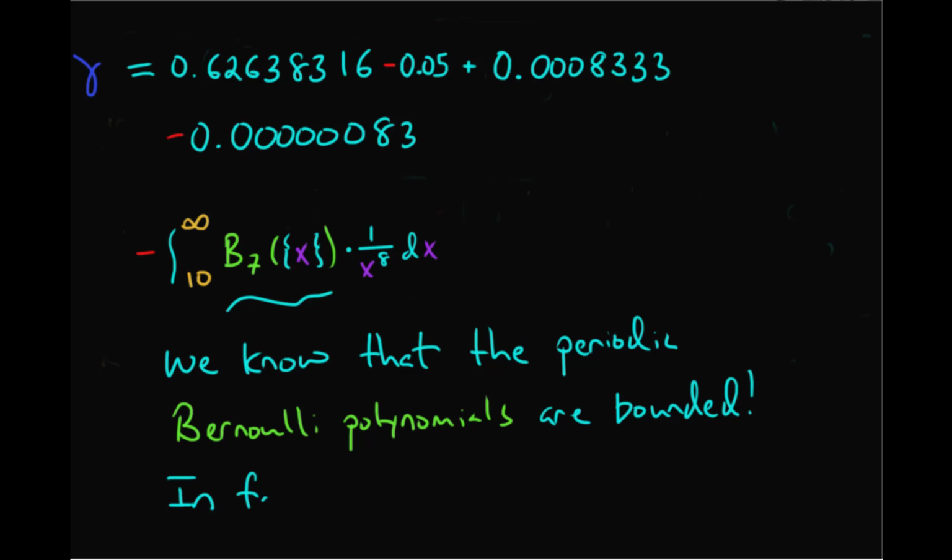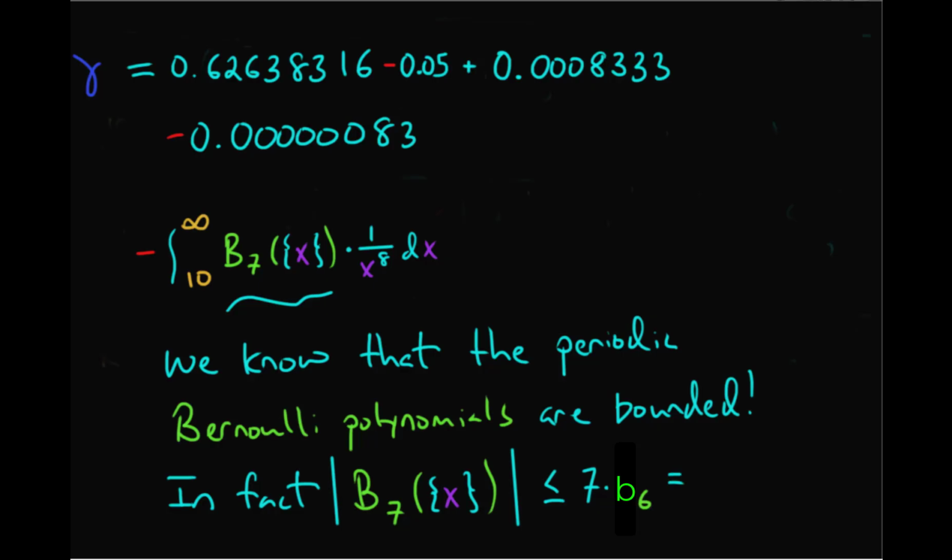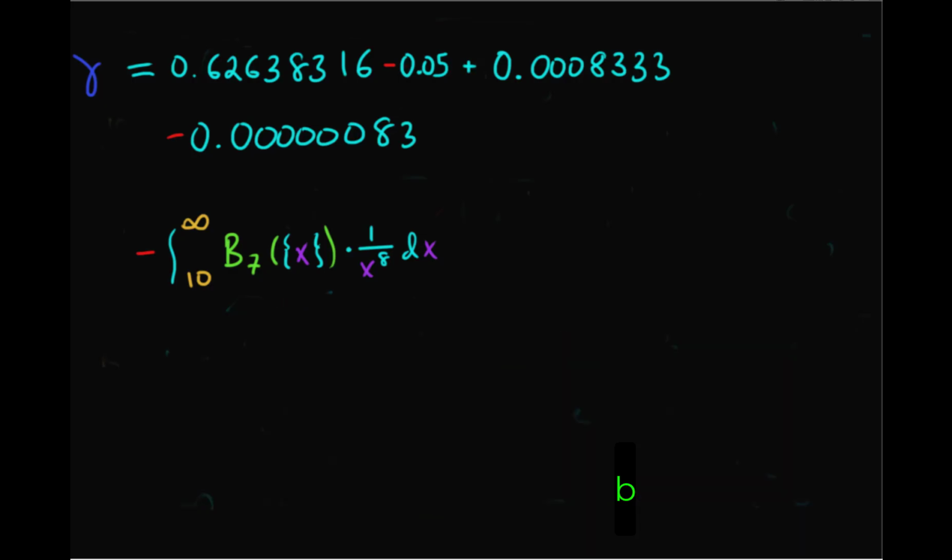More concretely, we know, and I proved this in my previous video on the Bernoulli polynomials, that the absolute value of the 7th periodic Bernoulli polynomial must be less than or equal to 7 times the 6th Bernoulli number, b sub 6. That is, it must be less than or equal to 7 times 1 over 42, or less than or equal to 1/6.